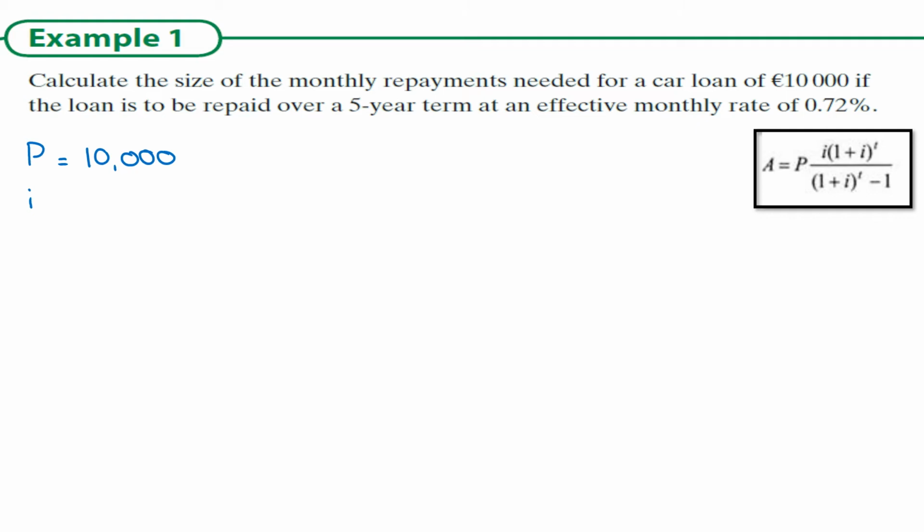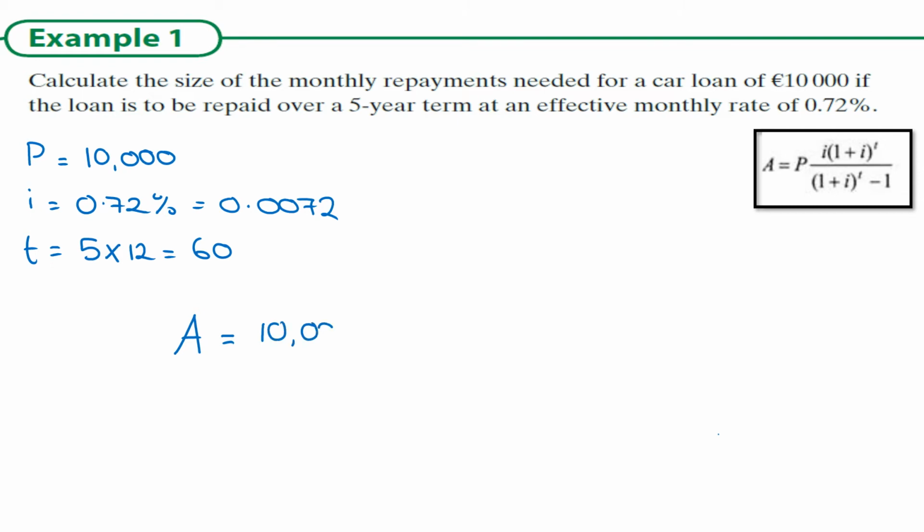Then we need to understand I, the monthly interest rate of 0.72%, but remember we need that in decimal, so it's 0.0072. T is a 5-year term, but we're paying it monthly, so it's going to be 60 payments. These are not annual payments.